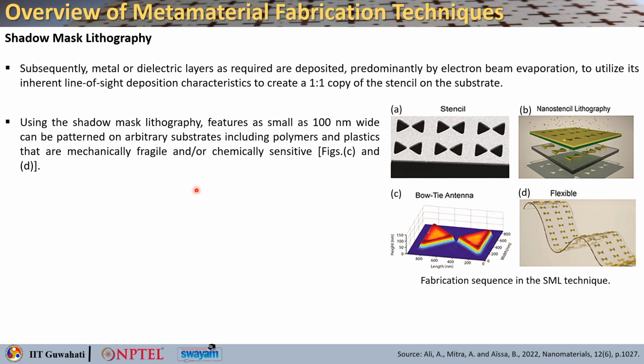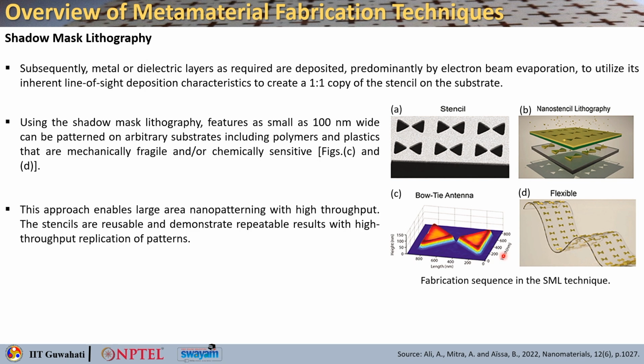Using this shadow mask lithography, features as small as 100 nanometer wide can be patterned on arbitrary substrates including polymers and plastics, which are mechanically fragile or chemically sensitive. You can see that you can come up with this kind of patterns on them.